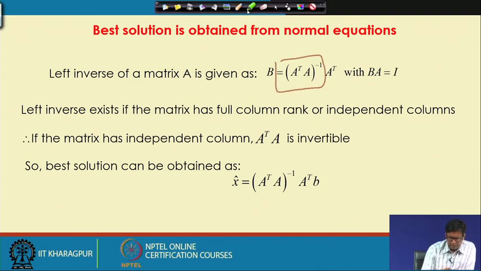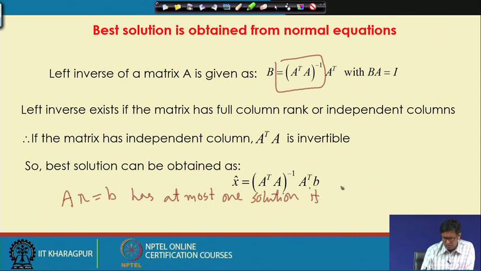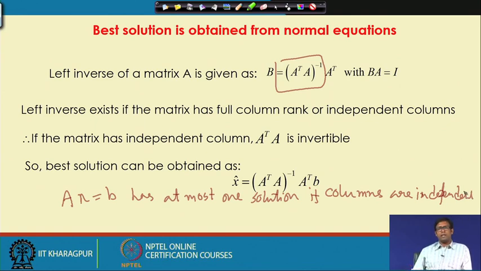What we can write is that A x is equal to B, when the left inverse exists, has at most one solution if columns are independent. If columns are independent as well as spanning, then A x is equal to B has just one solution, but A x is equal to B has at most one solution if columns are independent.